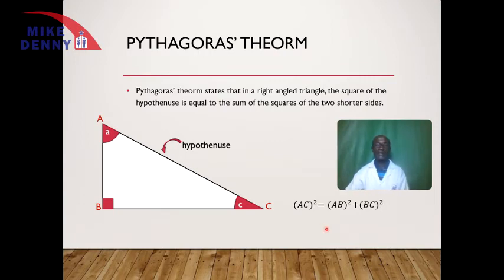We go now to present Pythagoras' theorem. So what is Pythagoras' theorem? Pythagoras' theorem states that in a right-angled triangle, the square of the hypotenuse is equal to the sum of the squares of the two shorter sides. So this is the hypotenuse AC.